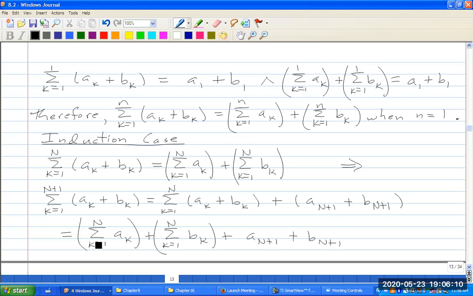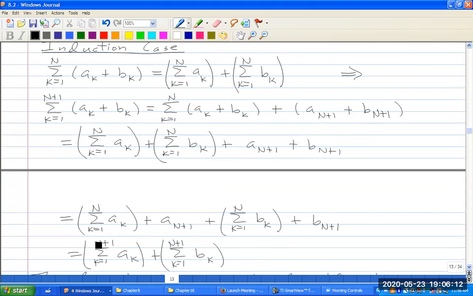But now I can regroup these. And so this is the sum k equaling 1 to n of a sub k plus a sub n plus 1, which is just the same as the sum k equaling 1 to n plus 1 of a sub k. Plus, well, I can group the sum k equaling 1 to n of b sub k with b sub n plus 1.